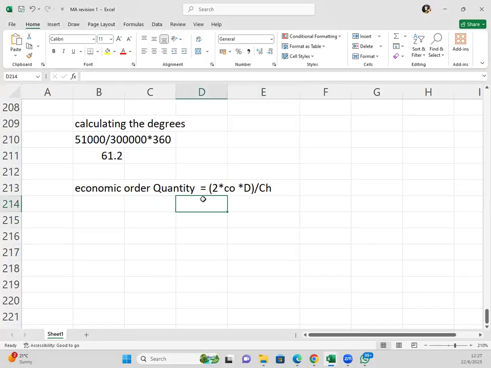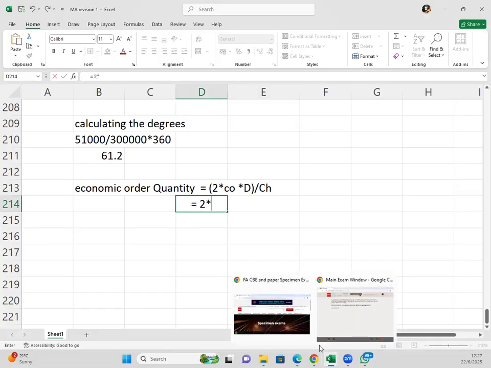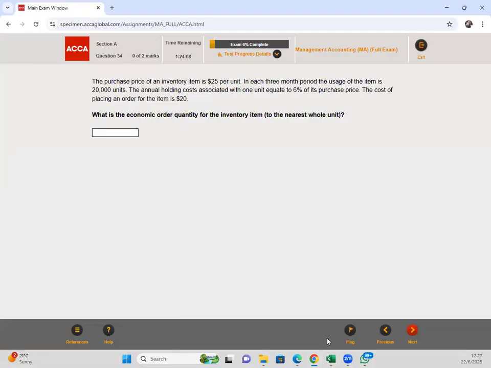So let's first calculate that: 2 times the CO, which is given. I'm sure the cost of ordering is given. How much is our CO and how much is our demand?